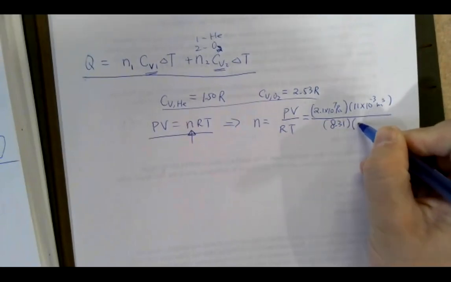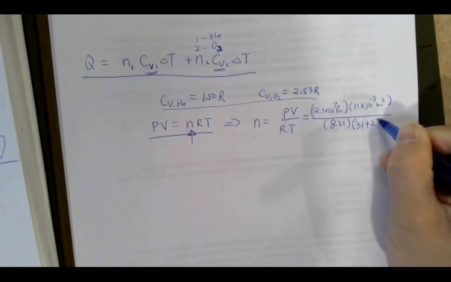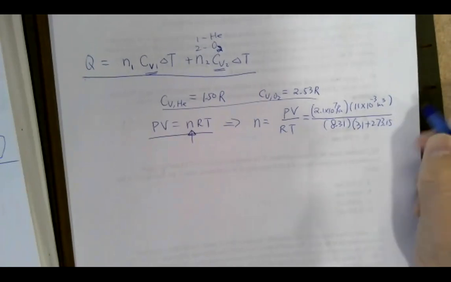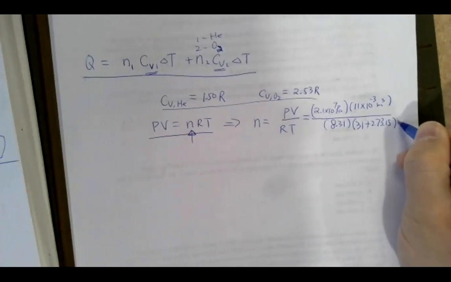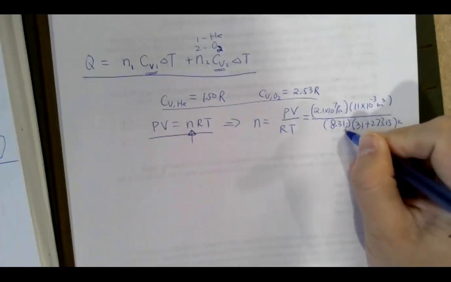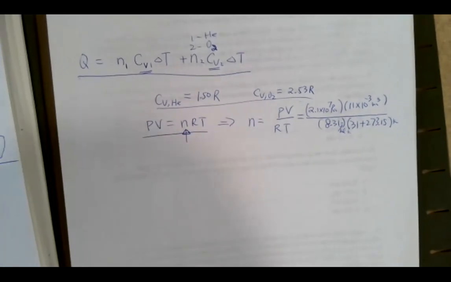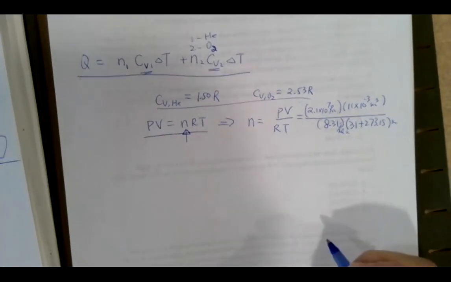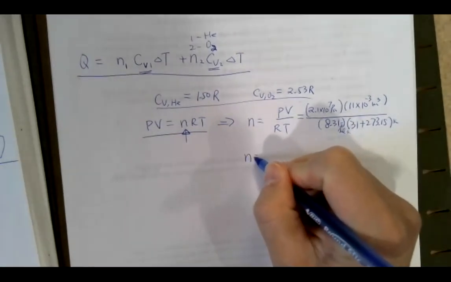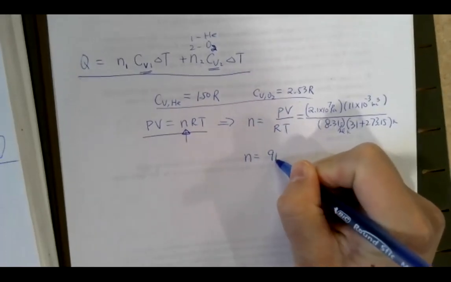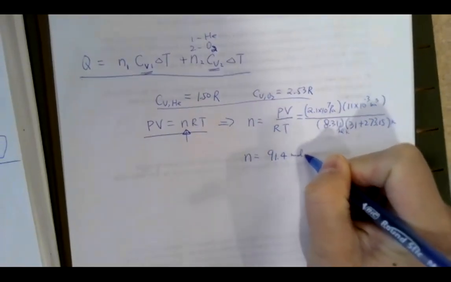T is given as 31 degrees initially, so you want to convert it into Kelvin. This is joules per mole times Kelvin. All right. So it will give you the total N as about 91.4 moles.